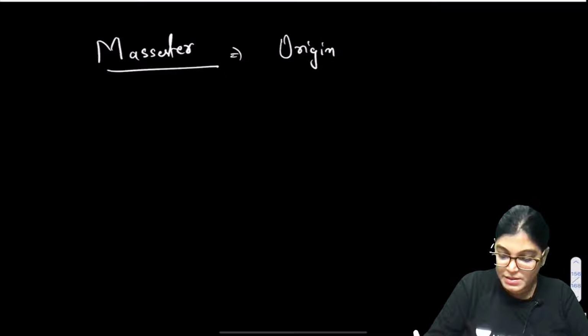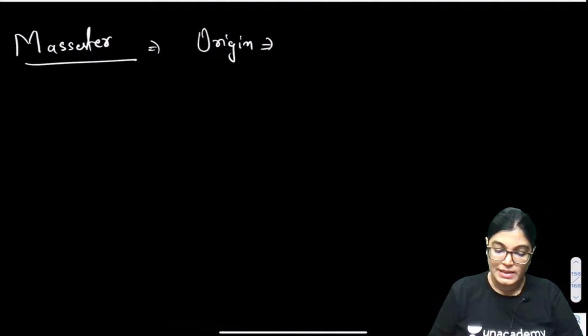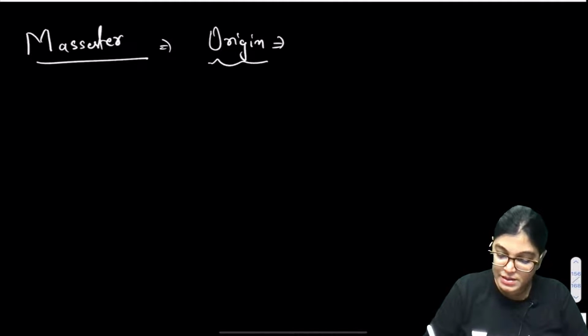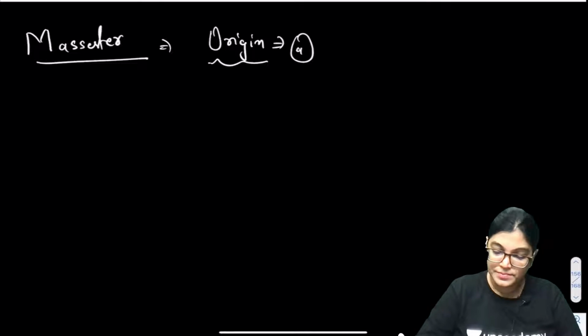Origin of masseter muscle: it has 3 origins. One is the superficial fibers.